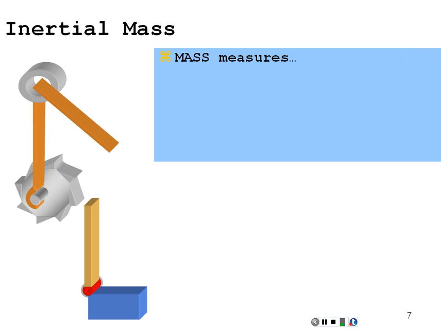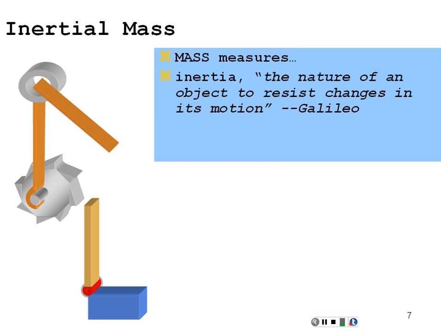Mass. Mass measures inertia. And inertia was defined by Galileo as the nature of an object to resist changes in its motion. It's an inherent property of everything. Everything has a certain amount of mass, and it's inherent to that object, no matter where that object happens to be.